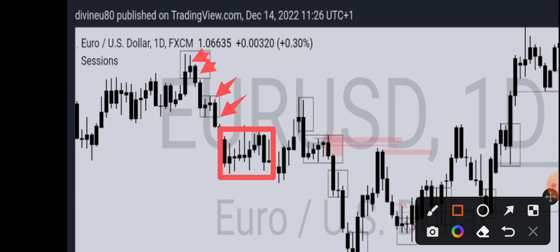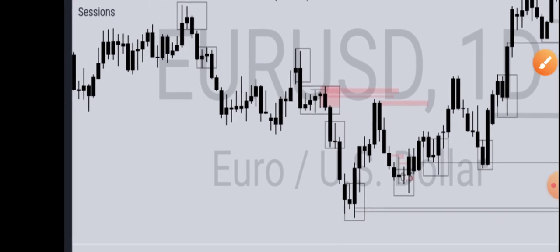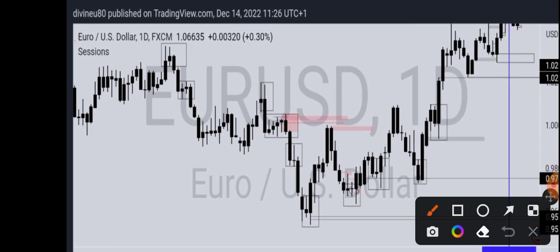After that, we see impulse. The black candle, impulse. Then we see another range, impulse. Another range, impulse. Then now we see another range. Now impulse. Now we see another range. Now impulse, range, impulse. So you can see that the whole market is actually made up of ranges and impulses.